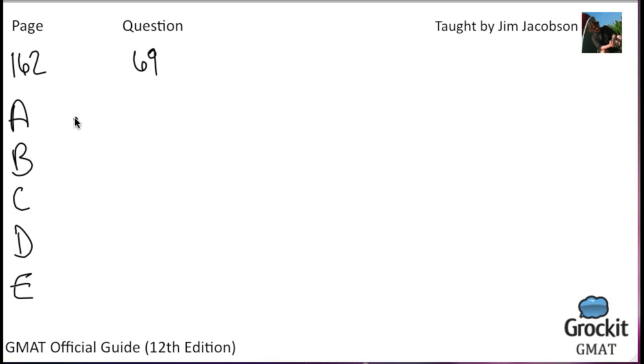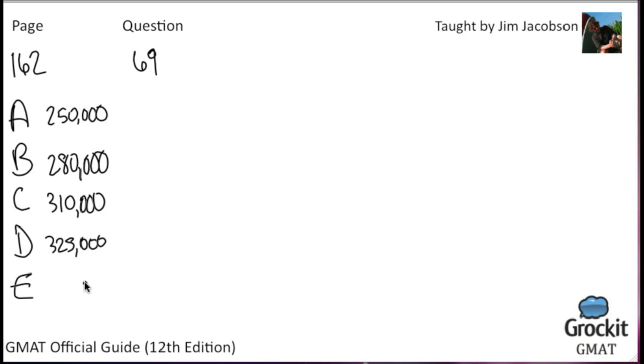All right, so we have 250,000, 280,000, 310,000, 325, and 340. Okay. As tempting as it is to redraw the whole diagram, I don't think I'm going to have to on this one.